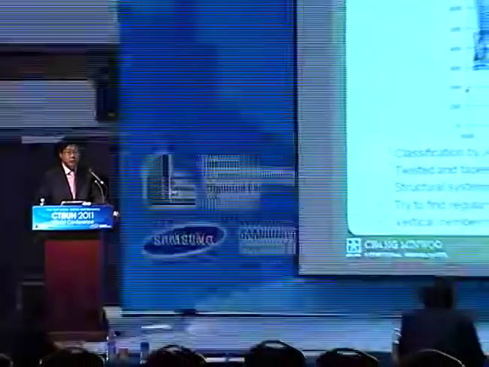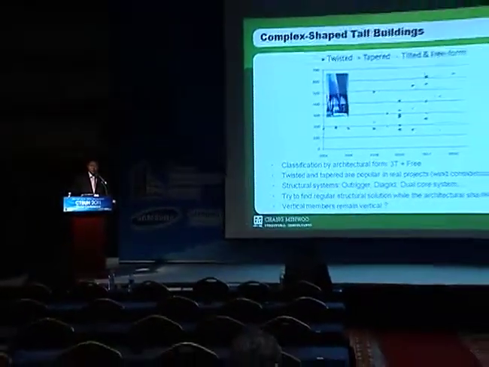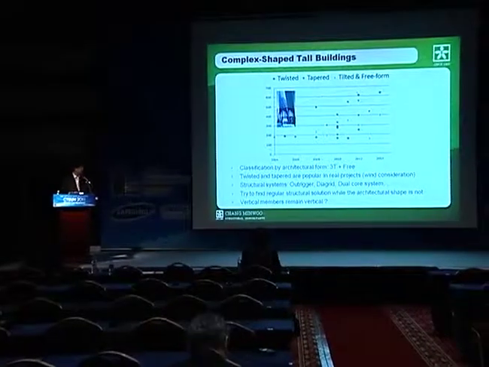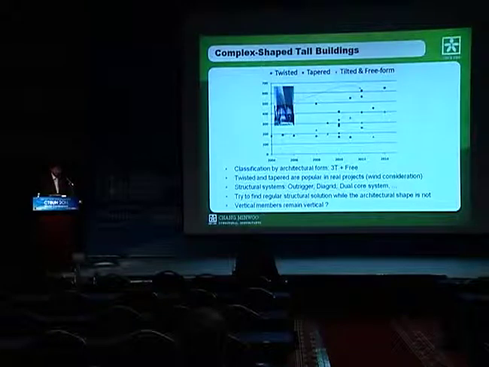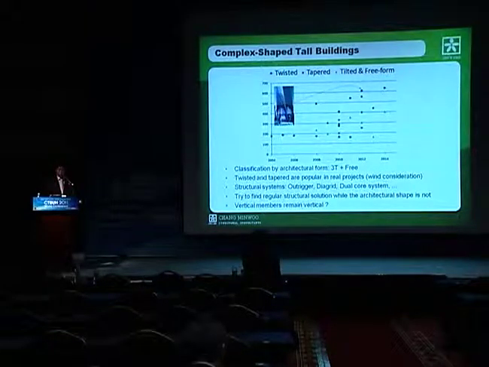Complex shapes such as twisted, tapered, tilted, and freeforms are now a new trend in the design of tall buildings. Especially twisted and tapered shapes are most popular in recent projects due to wind considerations.